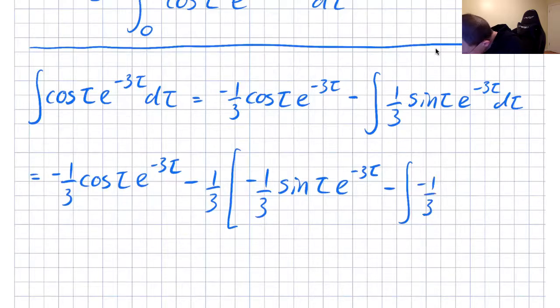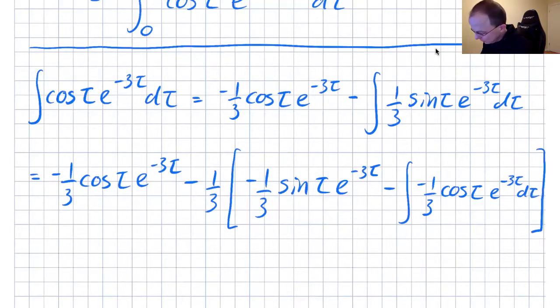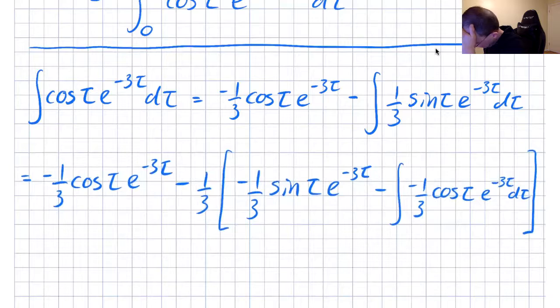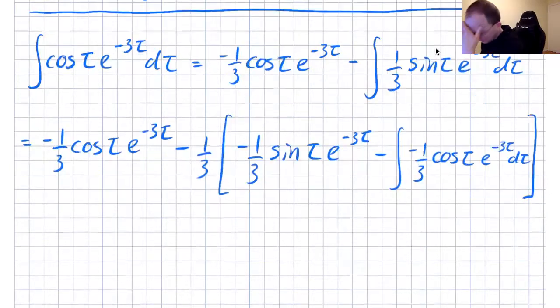Take the derivative, which is cosine tau e to the negative 3 tau d tau. Yikes. Okay, let's move that over a little bit more. Okay, all right, there it is.